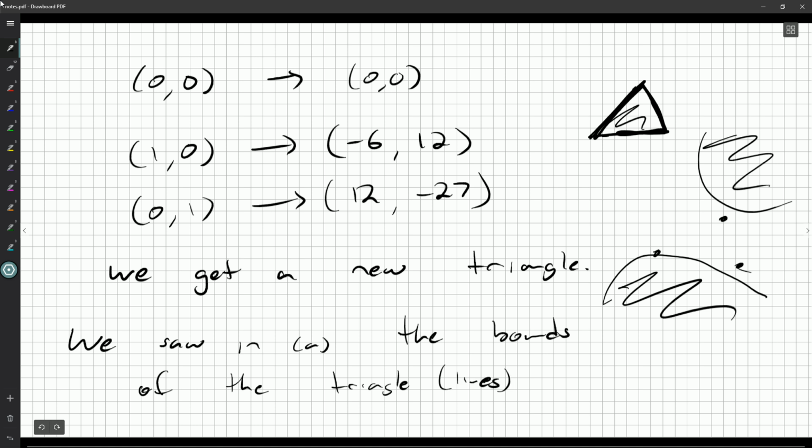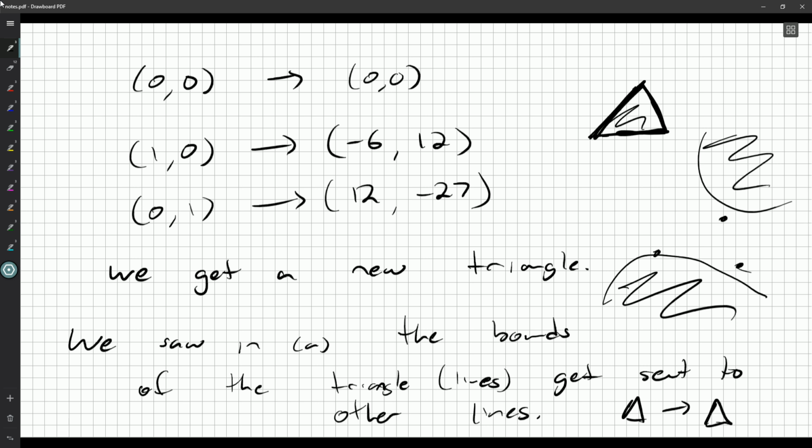The bounds of the triangle, which are lines, get sent to other lines.